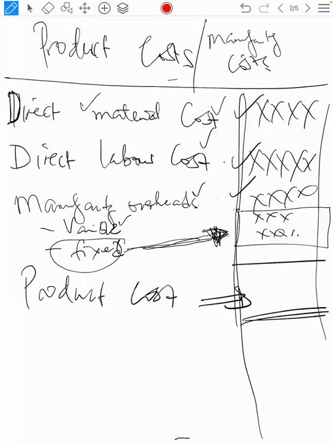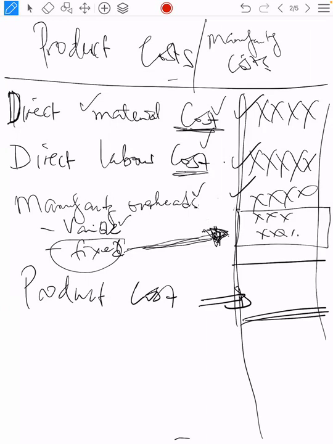Your direct material, good people, if we need 2 by 2 meters of wood to make one desk, to make 2 desks, we need 2 by 2 times 2. And those woods, we will be buying them at a cost. So it means that if we double the number of units produced, we are also going to double our direct material cost.